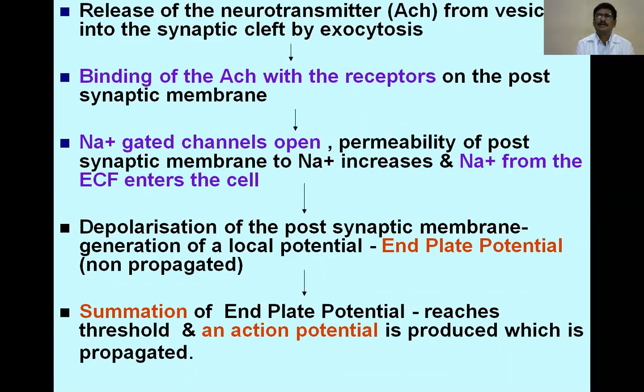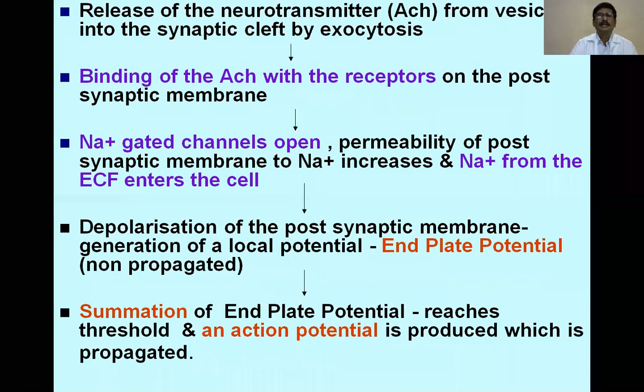Acetylcholine has different types of receptors. The type of receptor found on the junctional folds and the palisades is the muscle type nicotinic acetylcholine receptor, on the postsynaptic membrane. This receptor is a channel protein.